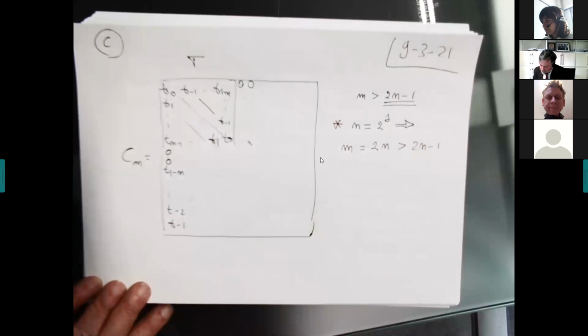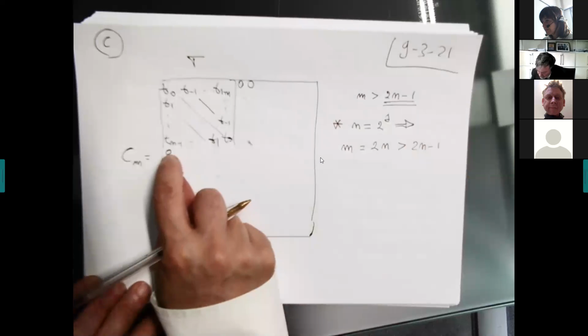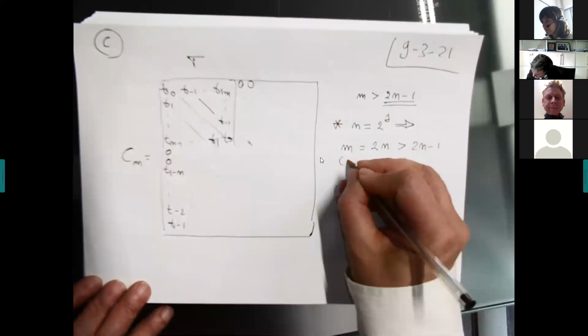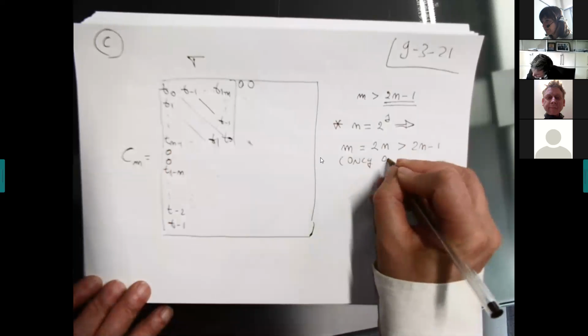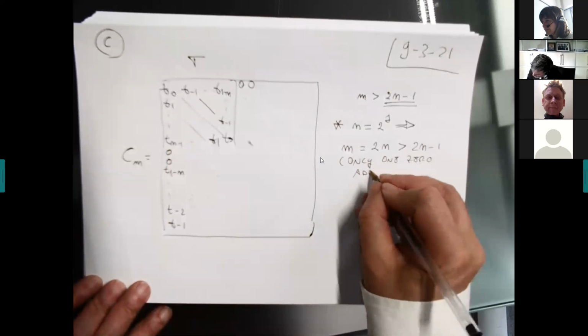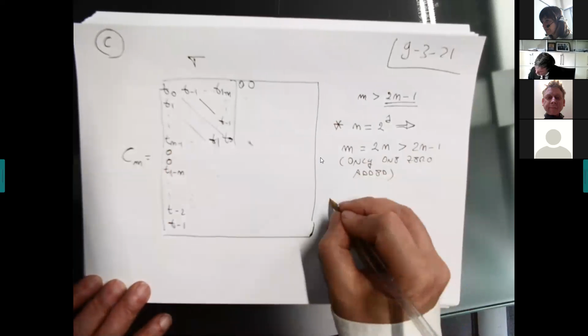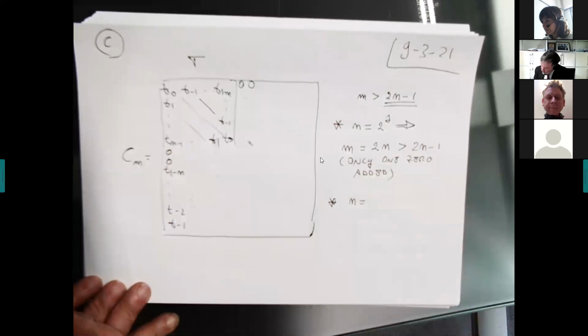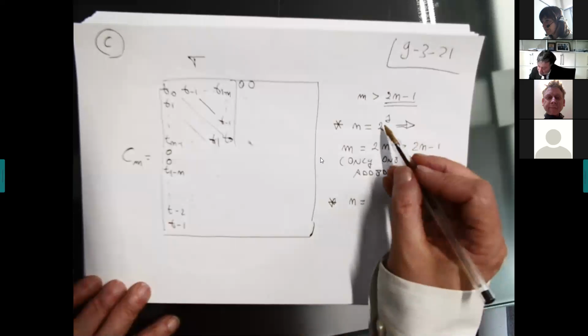So everything is nice. It means that the number of zeros you have here is just 1 zero, only 1 zero. The bad case, so this is the best case.